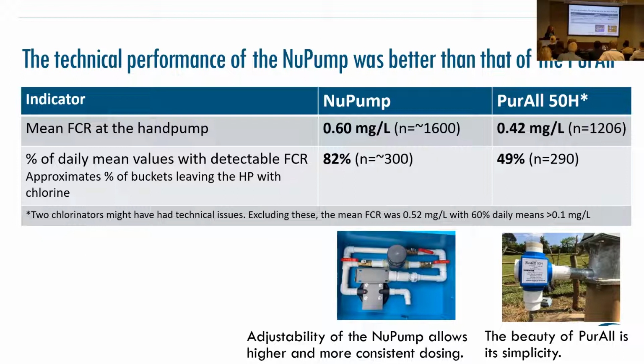We saw 82% of the samples had detectable chlorine, within an average value that we would expect. The Purol 50 was lower, so only about half of the samples had detectable chlorine. So it's quite variable. When they did have detectable chlorine, they were at an adequate level, but 0.4 milligrams per liter was a bit on the low end.